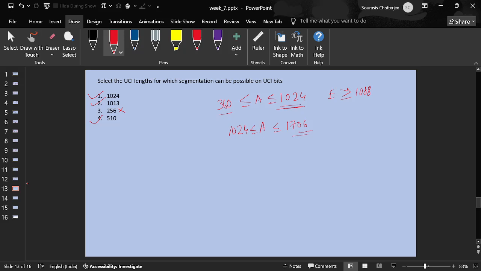Actually, there are two scenarios. This case is kind of obvious: if my UCI length is greater than 1024, of course I need to go for segmentation. The first one is less obvious, but it also needs to be done when the number of allocated resource bits is more than 1088.